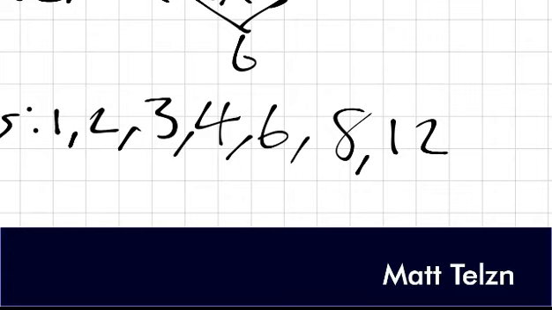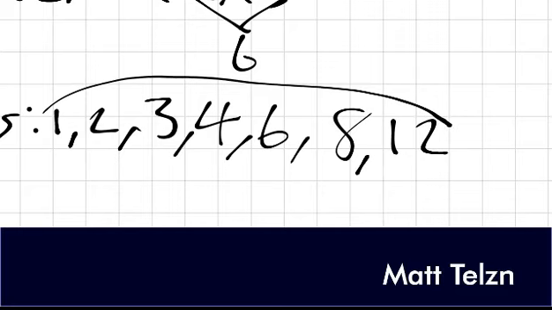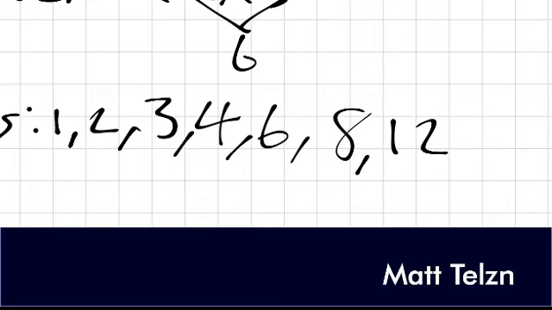What about 13? 13 is not a factor because I cannot multiply anything here to give me 13. The next one is 14. 14 is not a factor because nothing can multiply here to give us 14. What about 15? Is 15 a factor? No, nothing will give us 15 here.